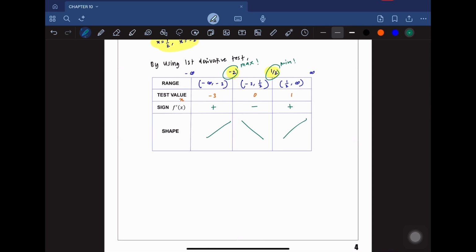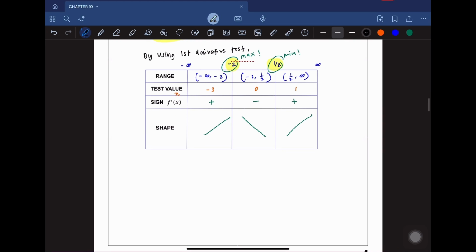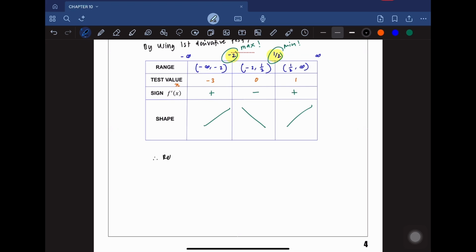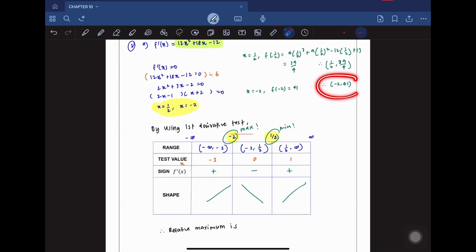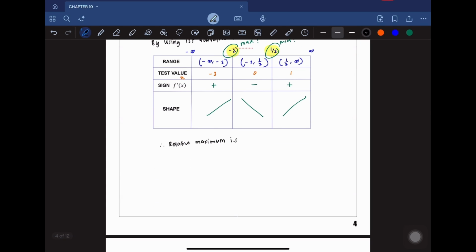Okay, so dah check dia maximum ke minimum, don't forget to conclude. So the relative maximum is, ni dia punya maximum kan, koordinat dia adalah negative 2, 41.